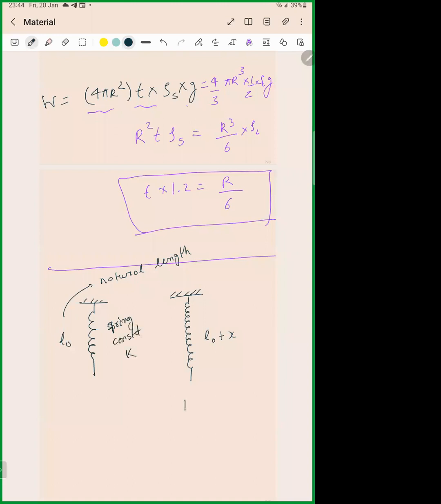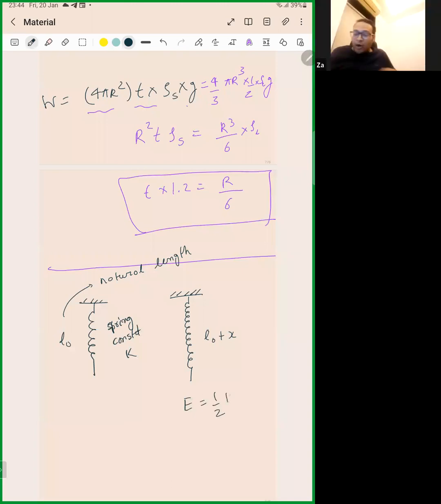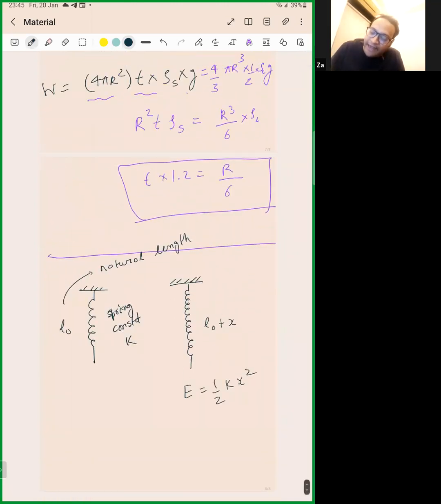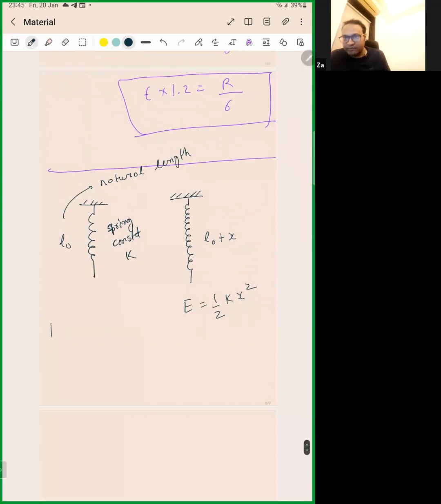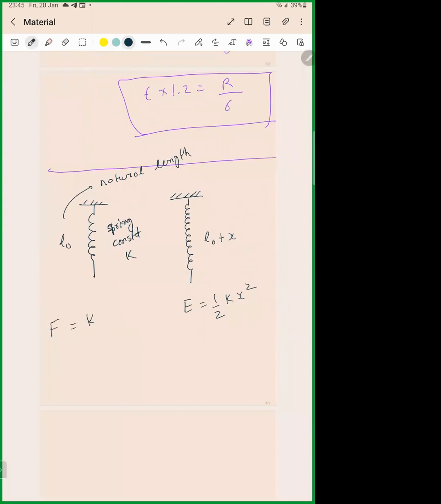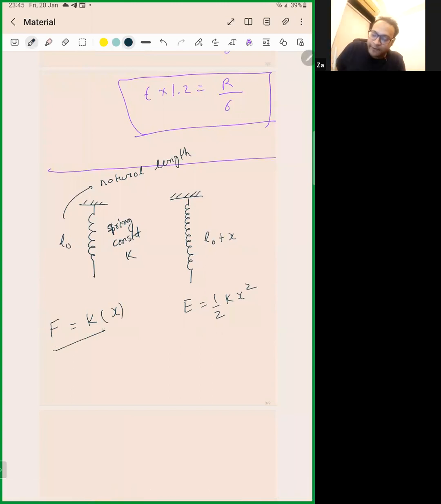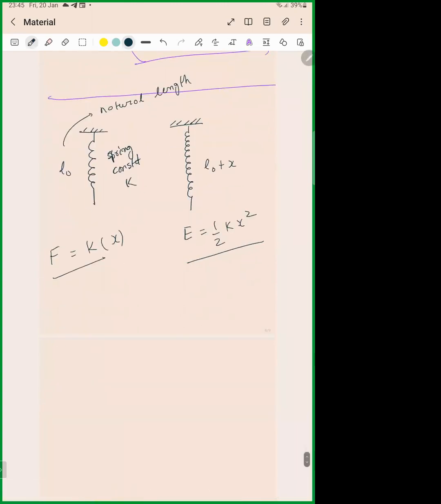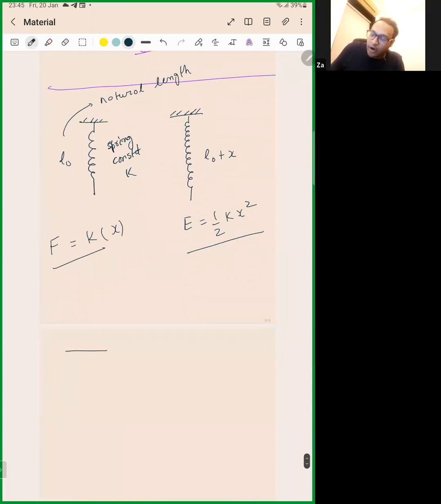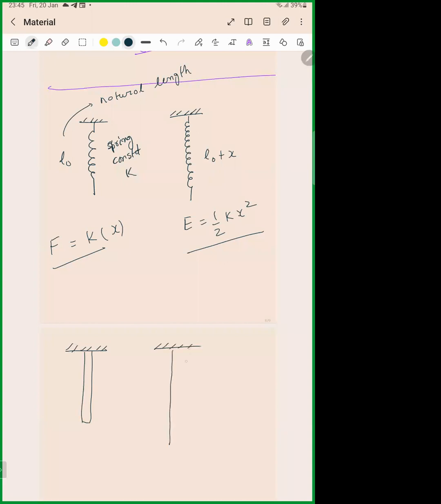Making sense? Yeah. Now I am comparing, and one more thing is there, Khushi. The force that is acting on the spring is k times x, where x is the extension. I think you are aware of these two formulas, right? Now you take a rod in place of the spring. When this rod is subjected to some force F, there is a change of length from L to L plus delta L. Now, how will you write the equation?